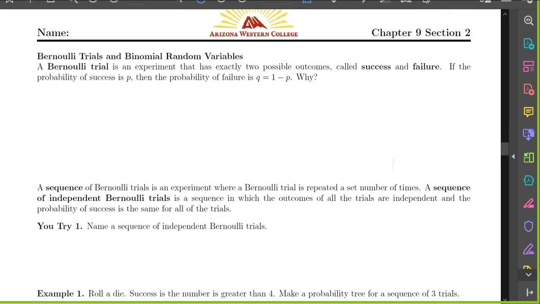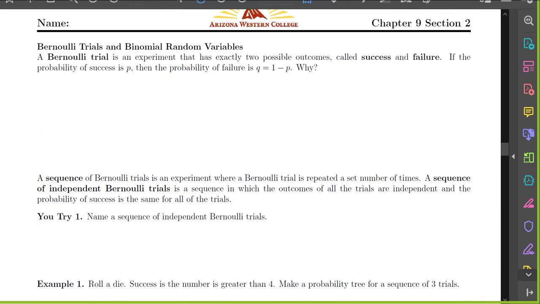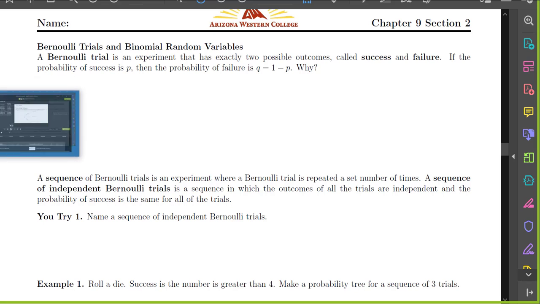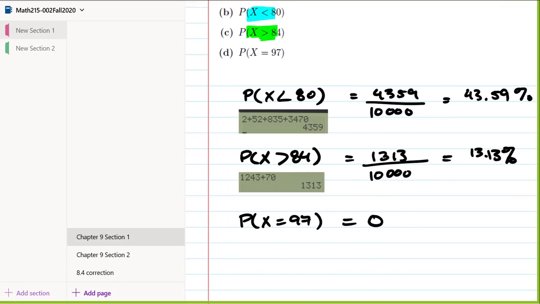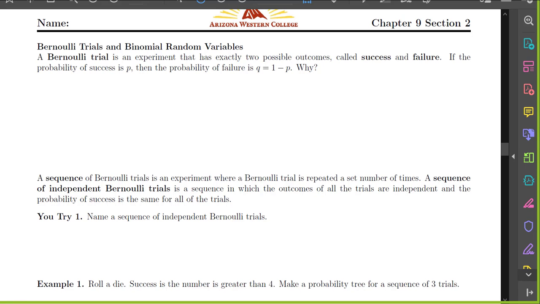All right. So now we're going to move into 9.2. So Bernoulli Trials and Binomial Random Variables.